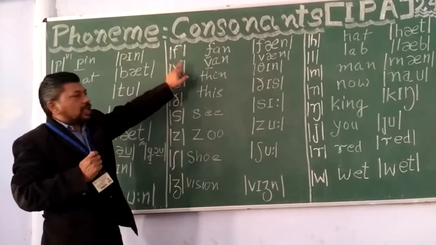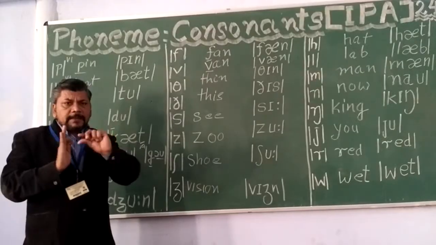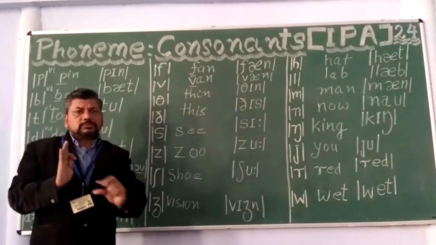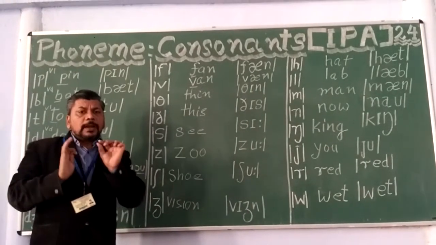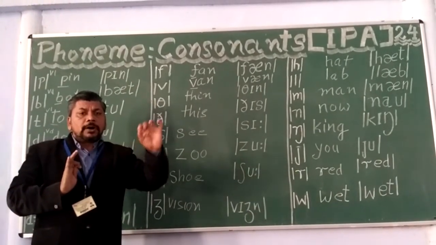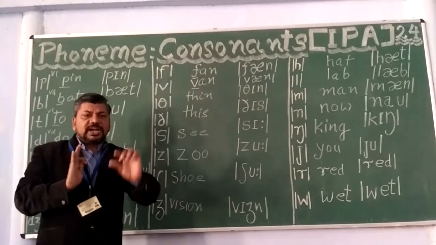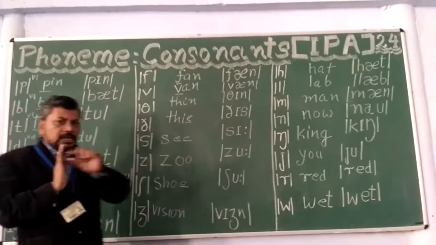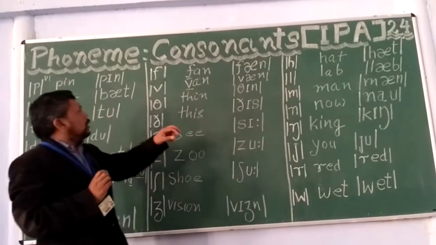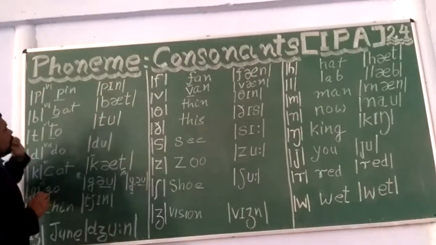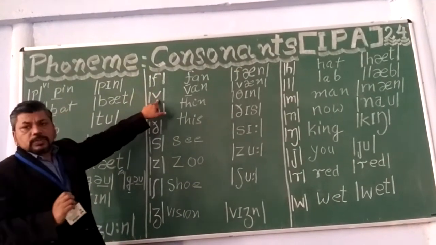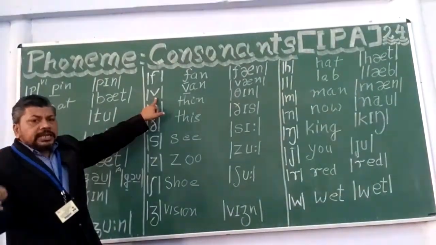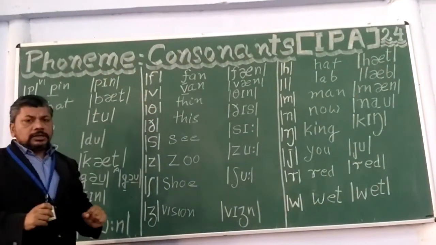So, fan and van. For example, I would like to compare it with the Indian sound system of Sanskrit, where pa, pa, pa, pa, pa, the sound is identified by Panini. But the variation is that in Hindi, fa and va are bilabial, but in English they are labiodental.